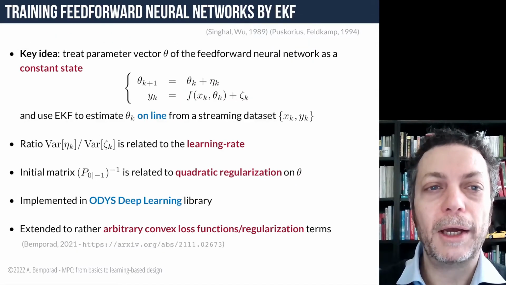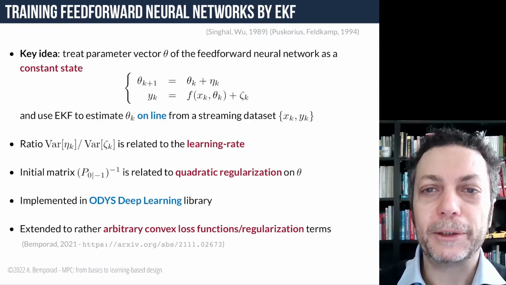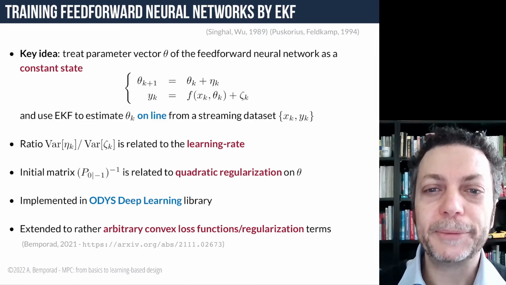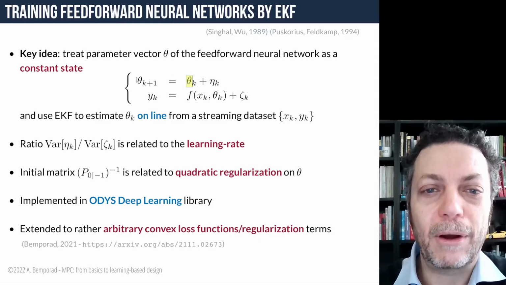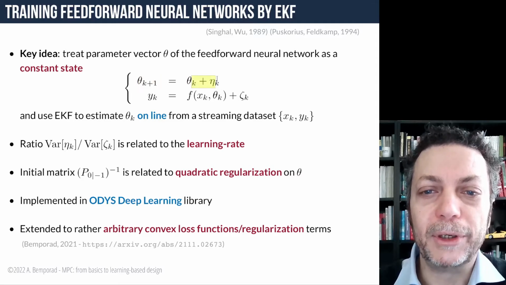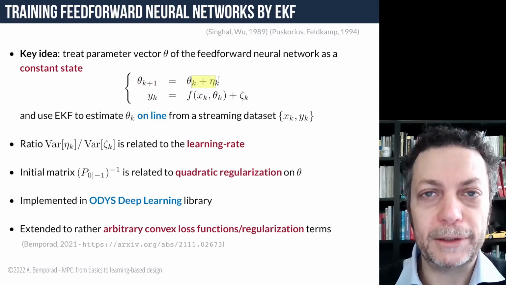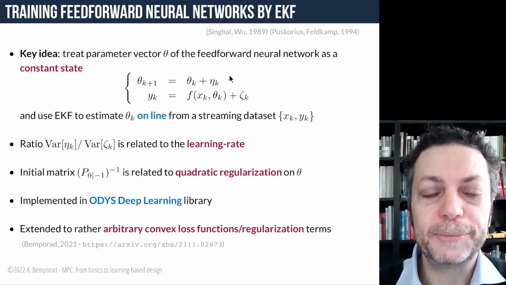So let me show how you can train a feed-forward neural network using extended Kalman filtering. The idea is not new. Actually, you can find papers in the late 80s, early 90s that show this idea of treating the parameter vector theta as if it were a state with a constant dynamics: theta k plus 1 equals theta k plus some noise, eta k, that is introduced for Kalman filter design.